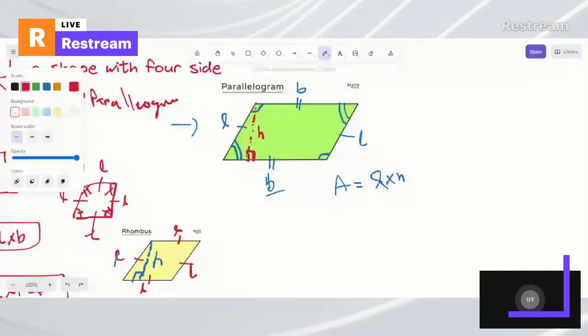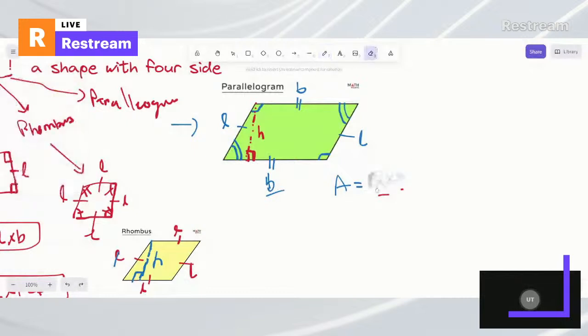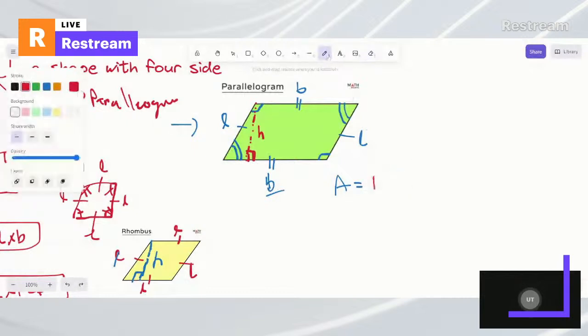That's why we multiply our breadth with h, not our length. So the base at which the height goes down to, that length is multiplied by the height. If I draw a height this way, then it's going to be length times height, and this is going to be the height. You understand this? So this is very important.